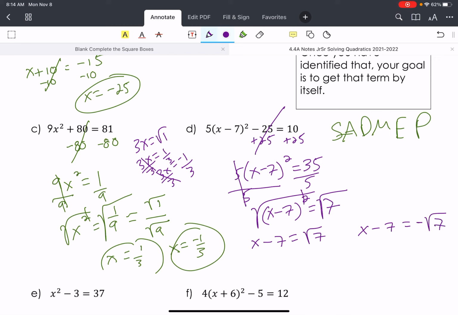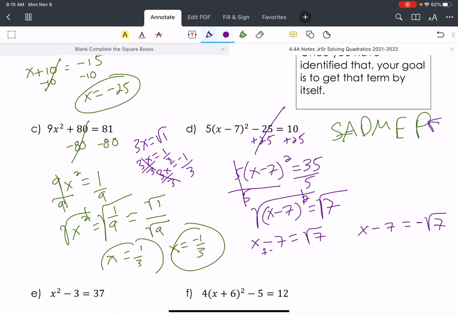So let's just stop there. What do you got? Any questions? Wait, so we don't touch the x minus 7? Not till the very end, because that's our parentheses, and that's the very last thing we deal with. Nope, x isn't alone, so we're not done.